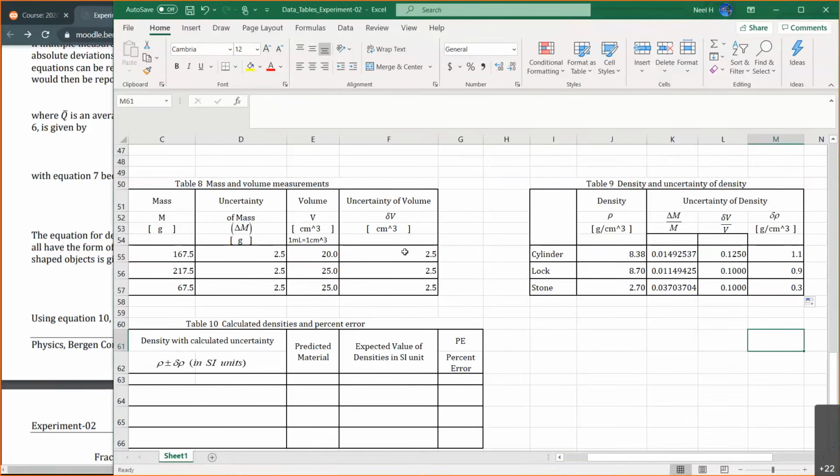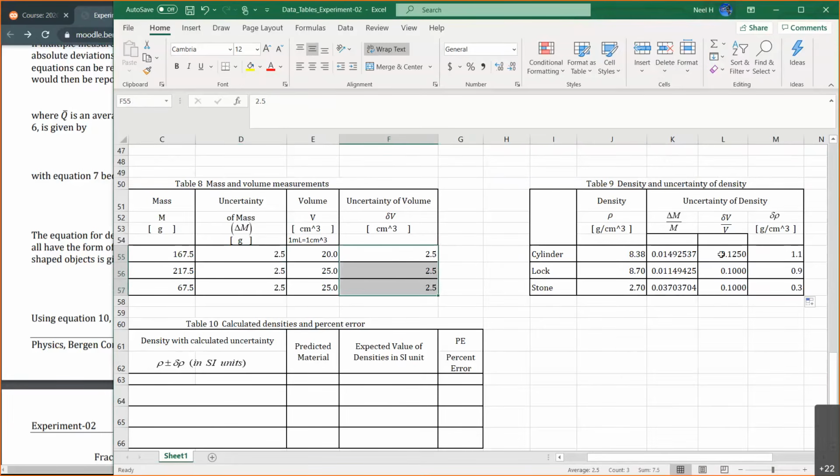F55, there's no formula. That's just a number. We got it by looking at the instrument. That's instrumental error. This is the instrumental error from the volume measurement. This is the instrumental error for the mass measurement. There's no formulas or anything.